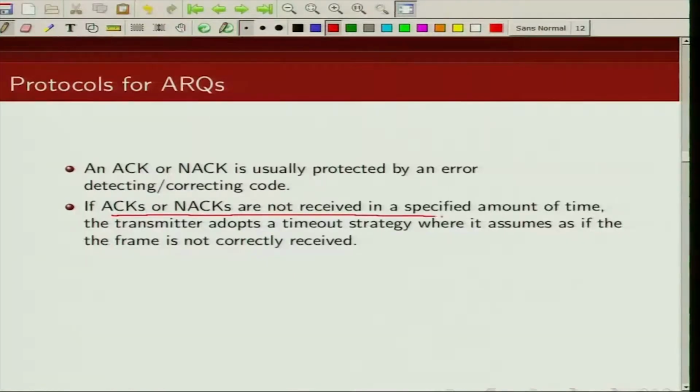So, if ACKs and NAKs are not received in a specified amount of time, the transmitter adopts a timeout strategy where it will assume that the frame is not correctly received.